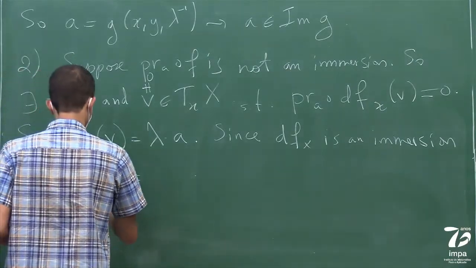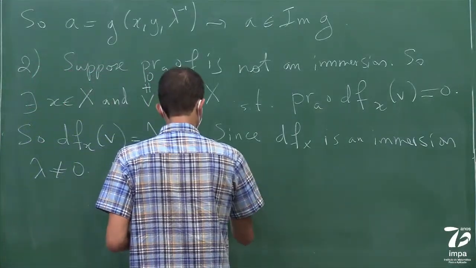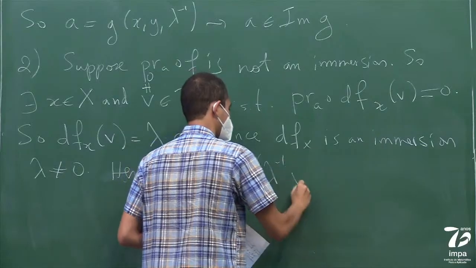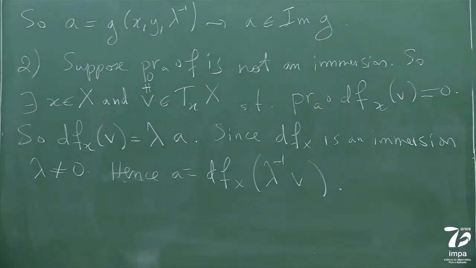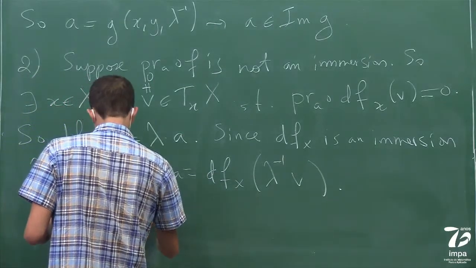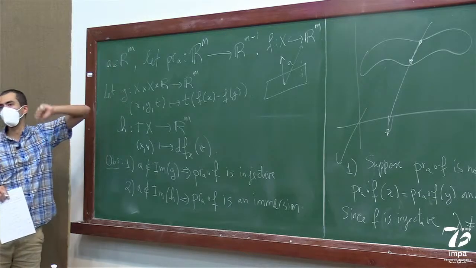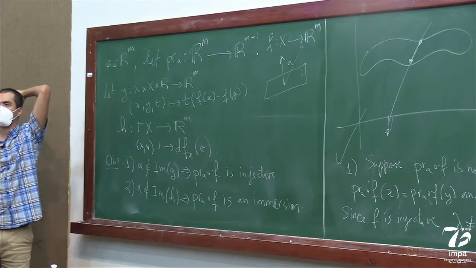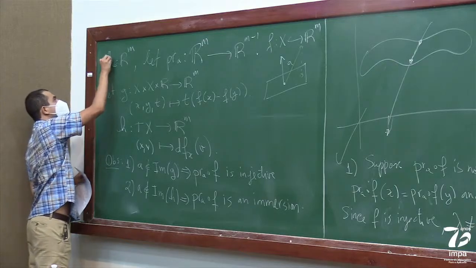Hence, A is just df_x of lambda inverse v. Therefore, A is in the image of H. And of course, for this all to make sense, I'm taking a vector that's not 0. Otherwise, it doesn't make sense to talk about projection. I should have said this when I started.